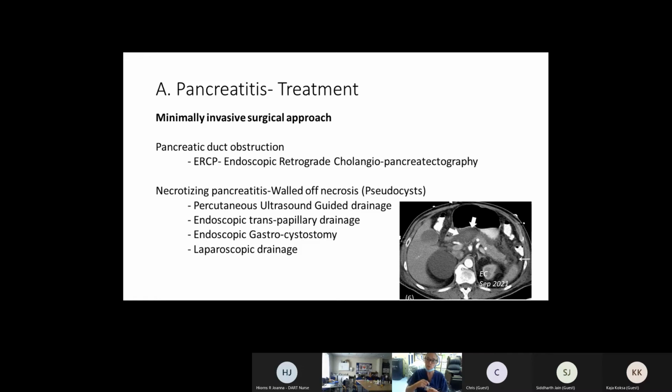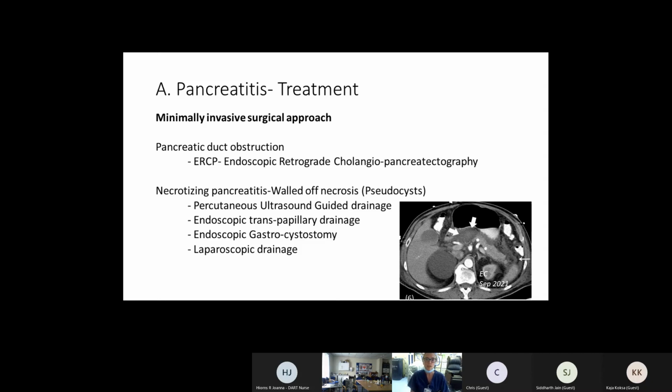So if we do an OGD and perforate the stomach into the pseudocyst, we can even put a stent in there, allowing drainage of that content directly into the stomach. And it allows us, the gastroenterologists, to go back again and do some washout of that pseudocyst.